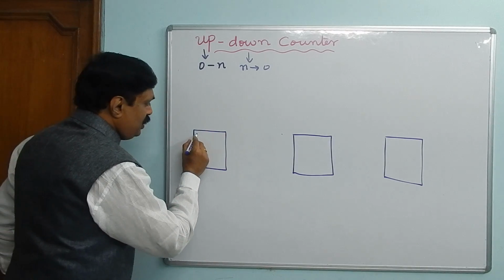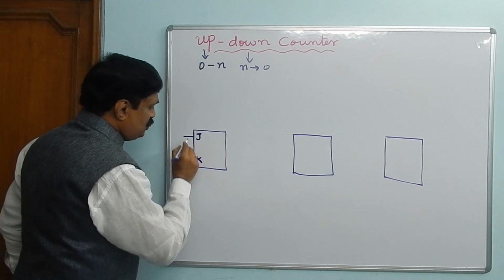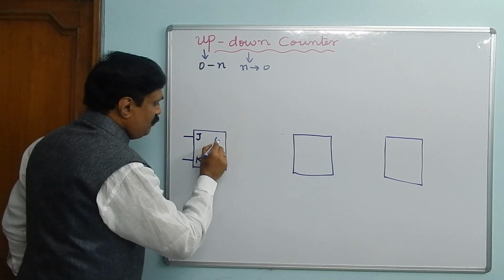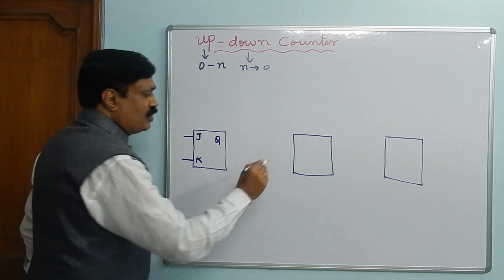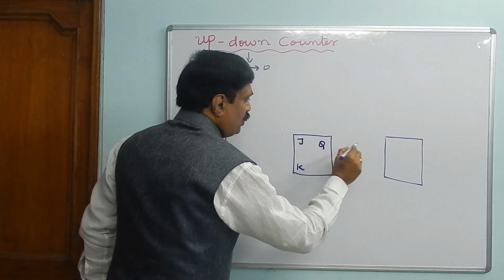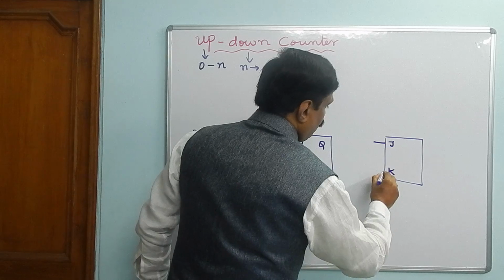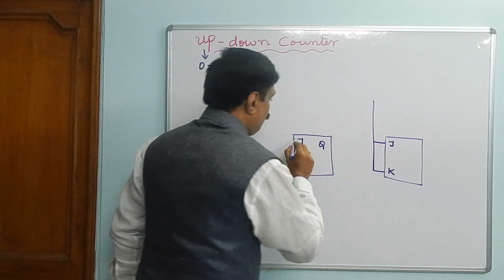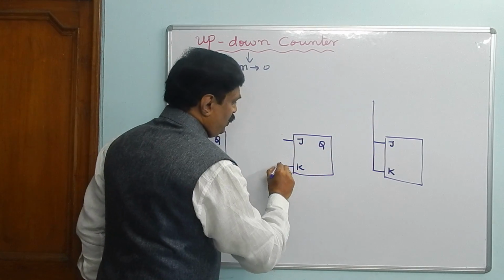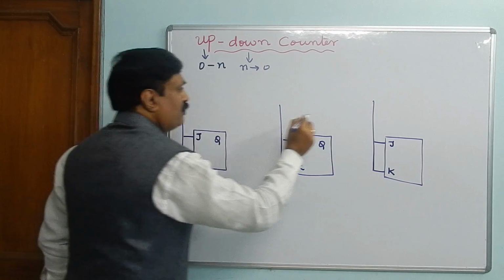Last class we designed the up counter and down counter using JK flip flop. Which condition did we use in the JK flip flop? We used it in the toggle condition. If you have forgotten this, just go through the earlier video.